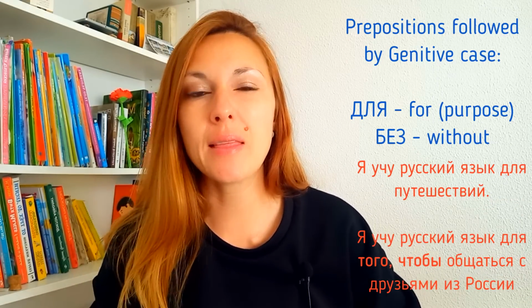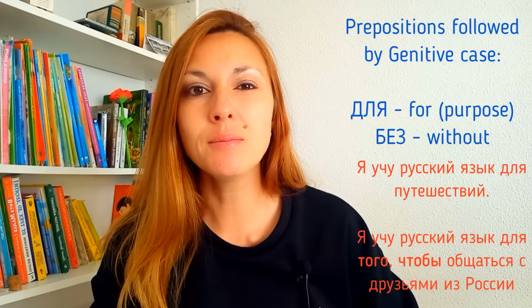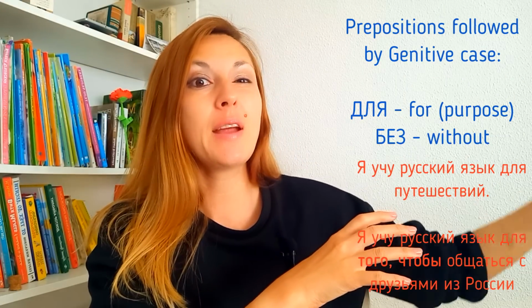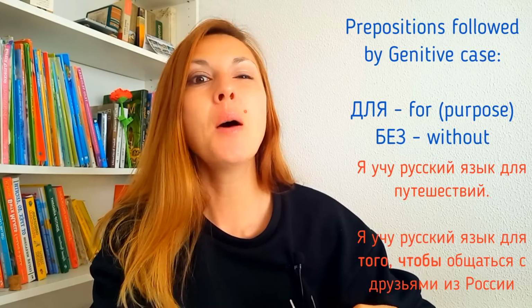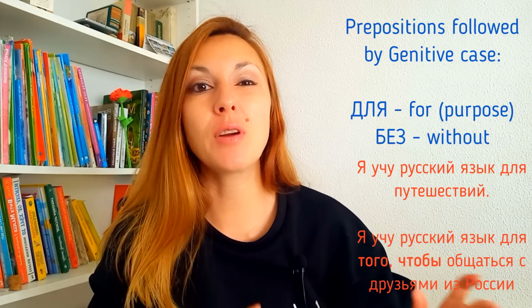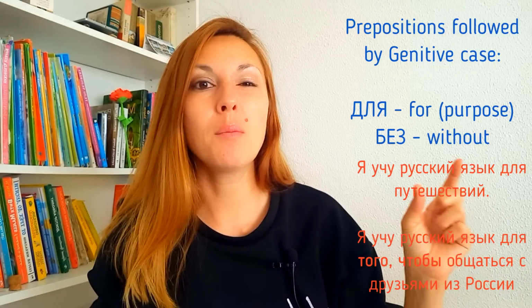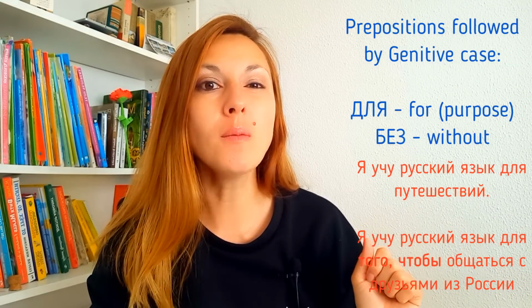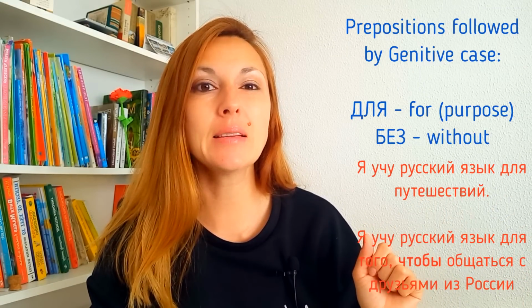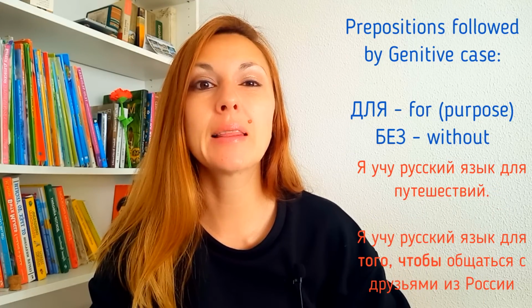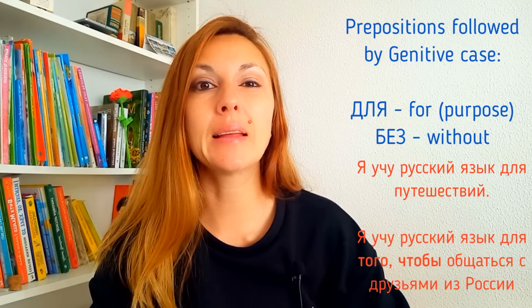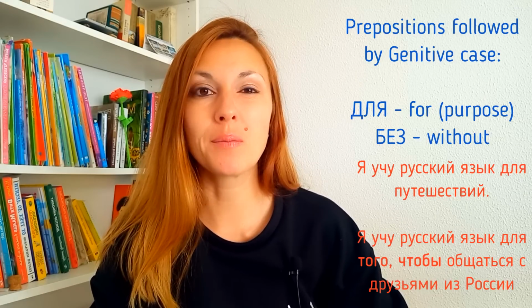Let's look carefully at this sentence. Для, and then it is a phrase. It's not just a noun in genitive case, right? But it is a phrase. So what do we do? We put the word то, that means that, in genitive case. The form is того. Для того, чтобы.